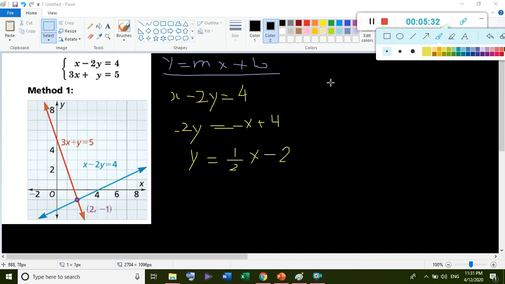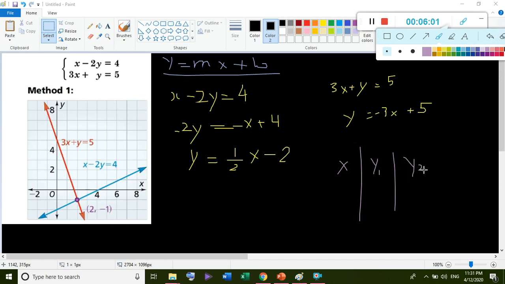The second equation is 3x plus y equals 5, so y equals negative 3x plus 5. Now you make a table for x values and for y1, y2. The solution is when y1 equals y2.